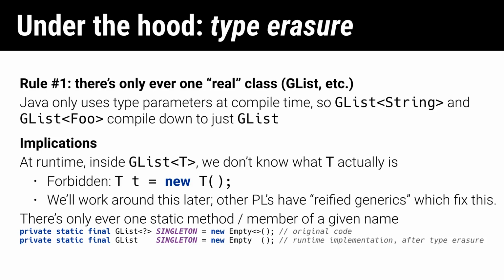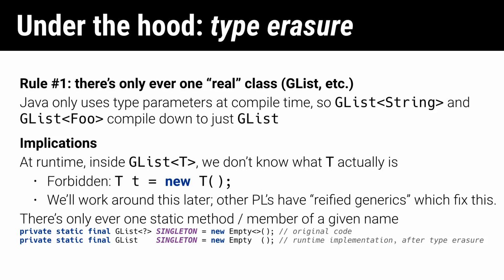Because of the way Java really handles these type parameters under the hood. There's only ever one real class. Whether it's a GList of String, a GList of Integer, a GList of Foo, at runtime, there's just GList. All those type parameters disappear at runtime through a process called type erasure.